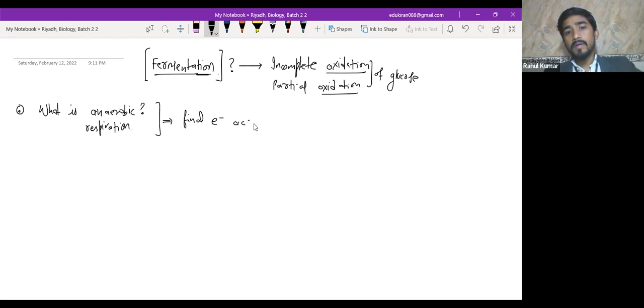In anaerobic respiration, the final electron acceptor, remember there was an electron acceptor in aerobic also. What was the final electron acceptor in aerobic respiration? Which molecule was the final electron acceptor in an aerobic pathway?